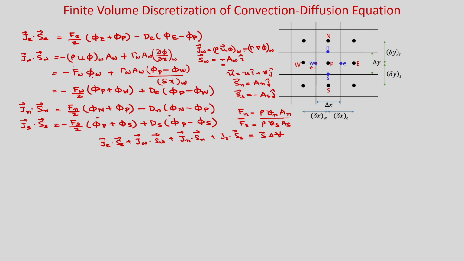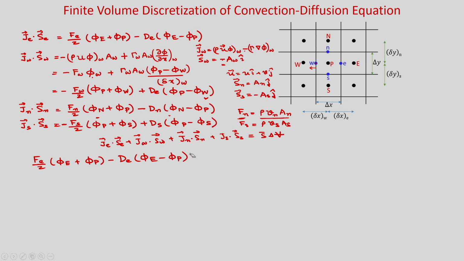So, you can see here it will be F_e by 2 times phi_E plus phi_P, minus d_e times phi_E minus phi_P. So, this is your J_e dot S_e, plus J_w dot S_w, this one you write.